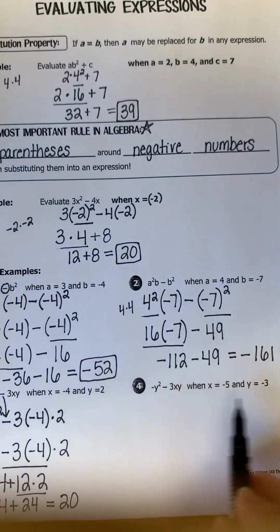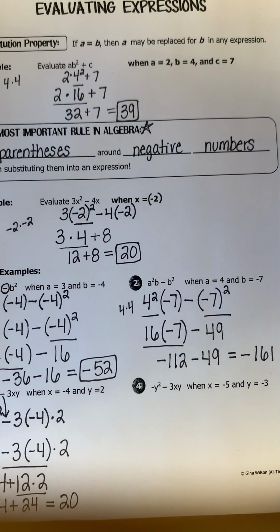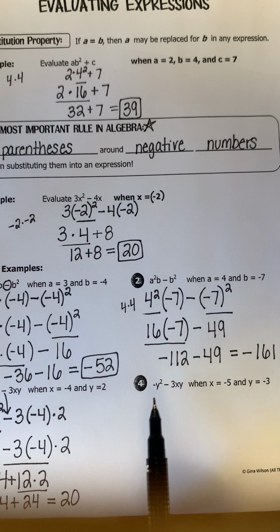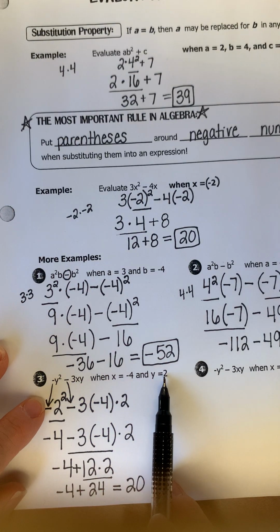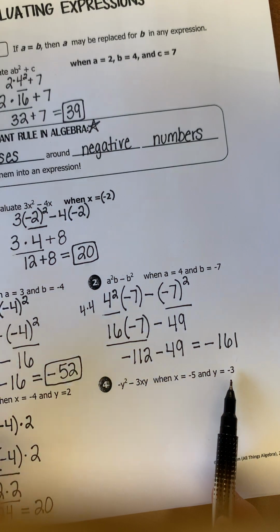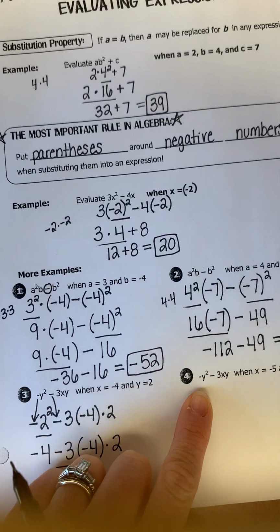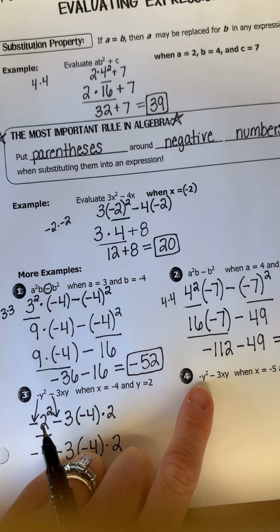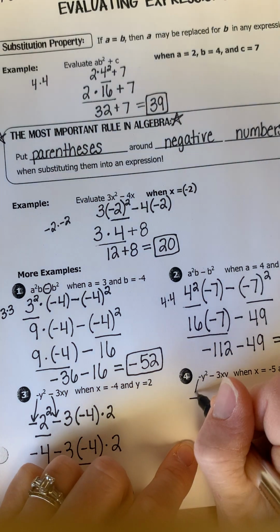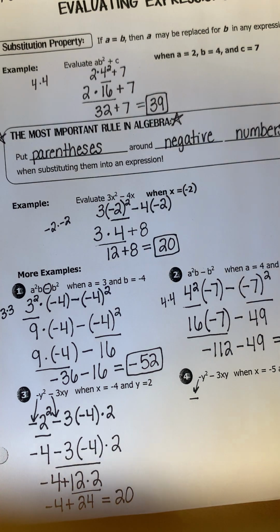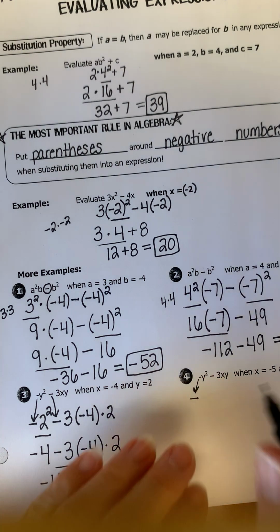Now, same equation, different numbers. Let's go back and look. This y was positive. This y is negative. So watch how this varies from what I did over here. I still pull my negative down. I have that negative out front. He has to come down. He can't just vanish. But now my y is negative.